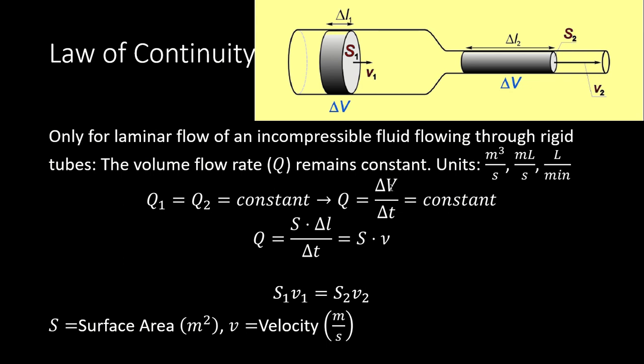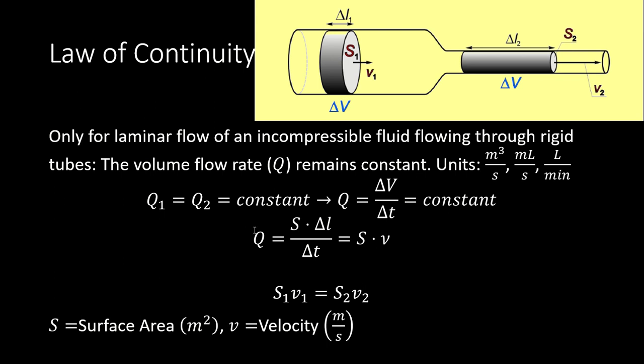So if we increase the volume, we increase the time. If we decrease the volume, we decrease the time. These have to change in such a way that we still have some constant value always for Q. For example, if we multiplied the volume by 3, then we multiplied the time by 3.